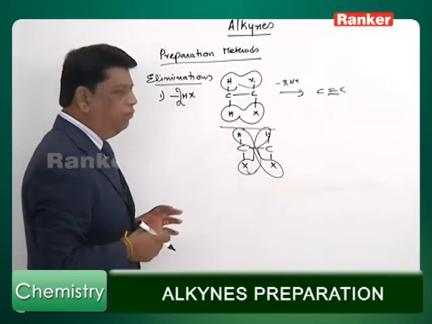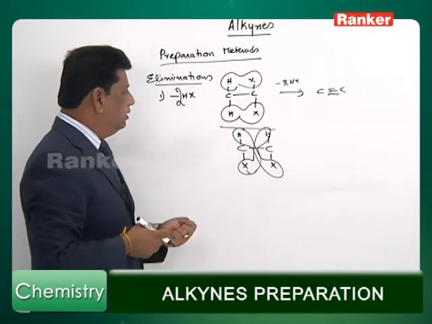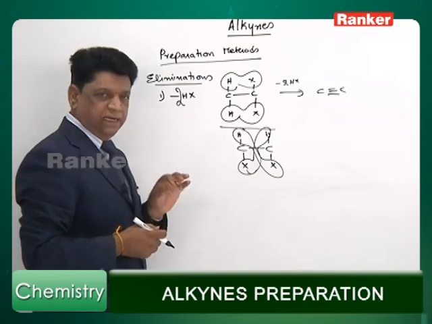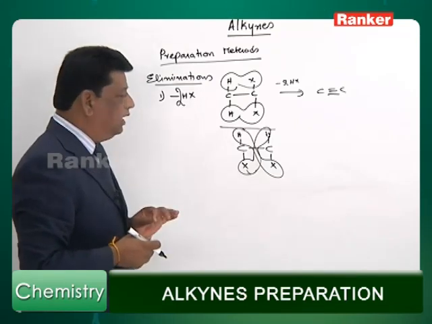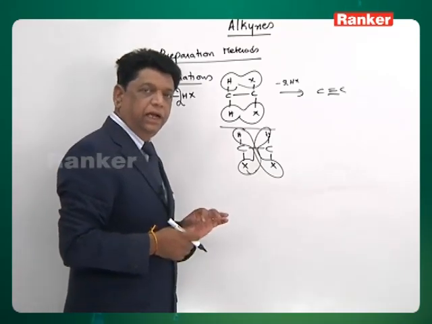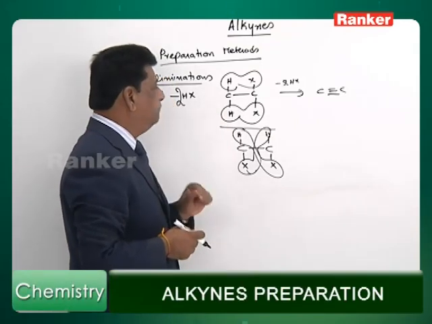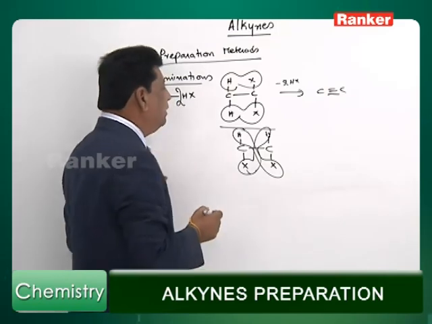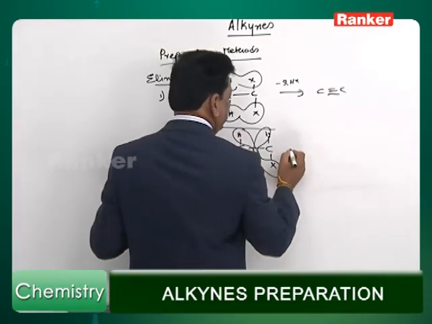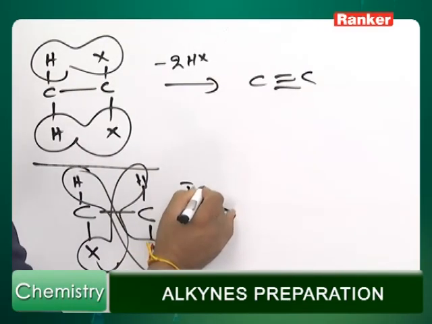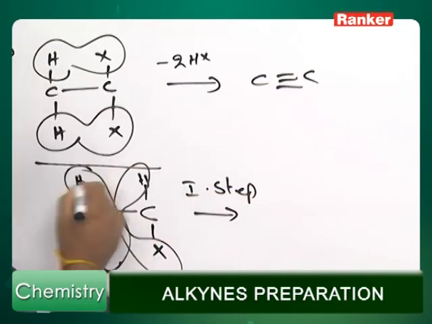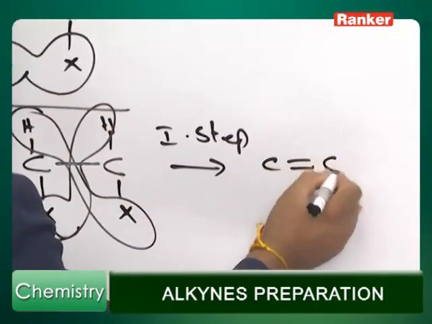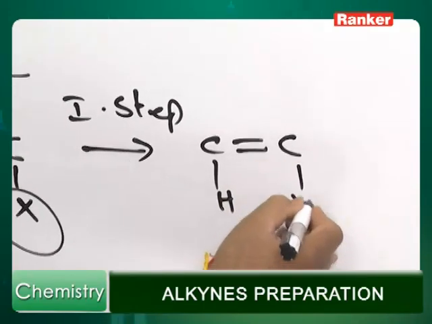So the removed molecule is HX, that means if X is Cl, it is hydrogen chloride, which is an acid. So to take out the acid a strong base should be used. So it takes place actually in 2 steps. In the first step, 1 HCl will be removed, still 1 H and X will be there.